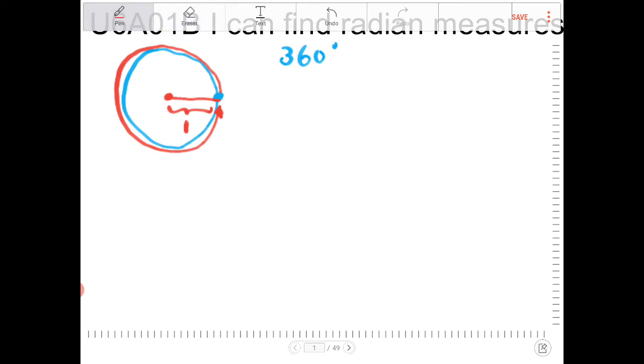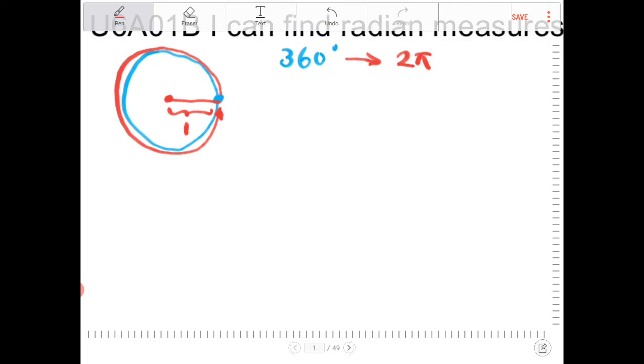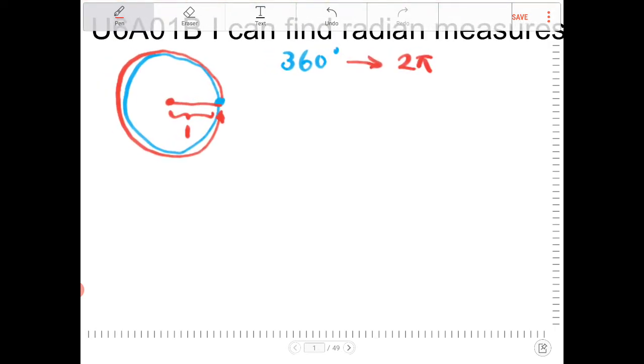What would that be? That's just the circumference of the circle. So that actually is a more natural way of thinking about it. 360 degrees translates to 2 pi. Again, the radius here is 1.